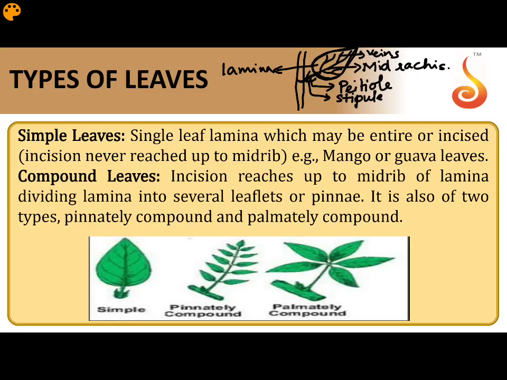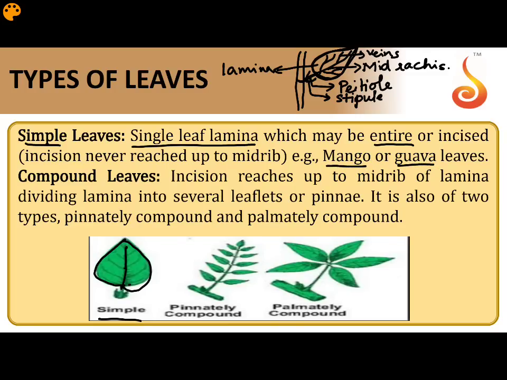If there is a single leaf lamina, we call the leaf simple. So, we understand the lamina is entire. Incision may or may not be there, that is not the issue, but the incision should never reach the rachis. You can see this entire leaf is complete. So, this is a simple leaf. Such simple leaves we see in various plants. A few examples given here are mango and guava.